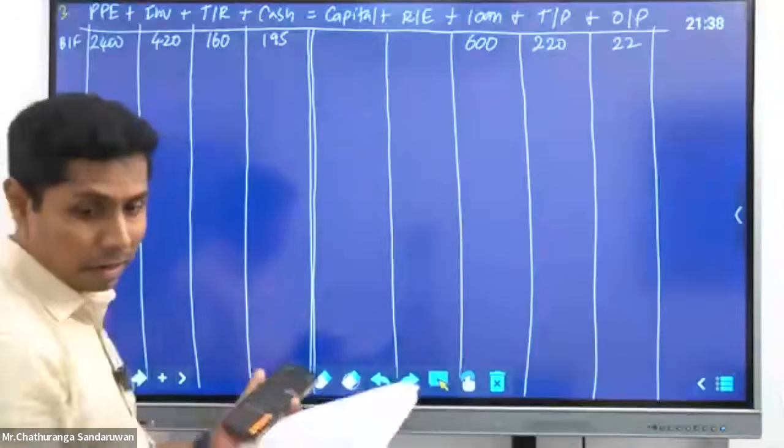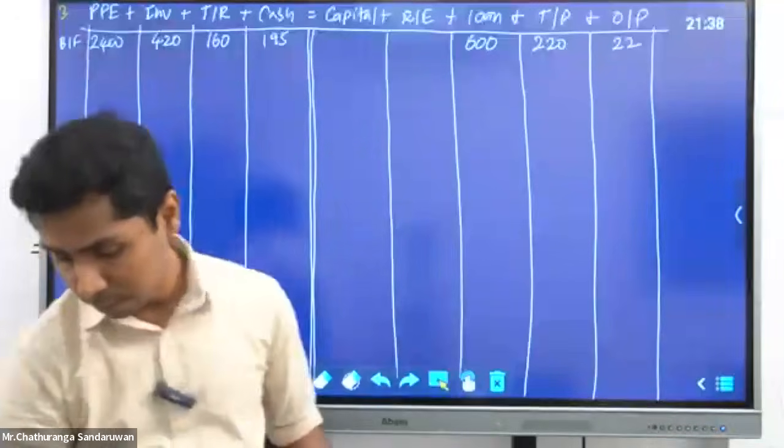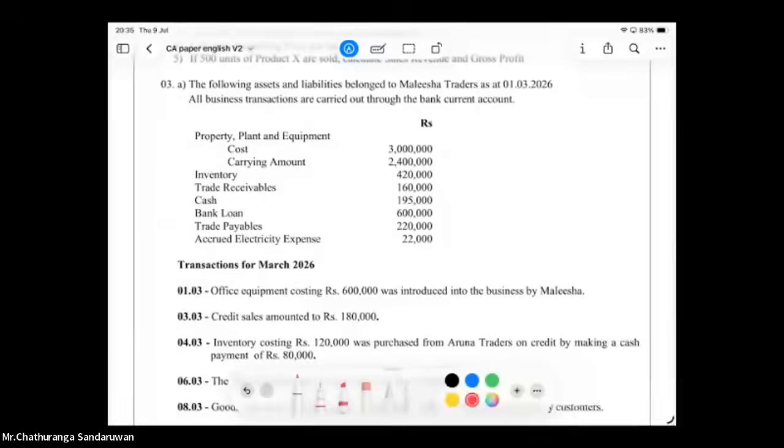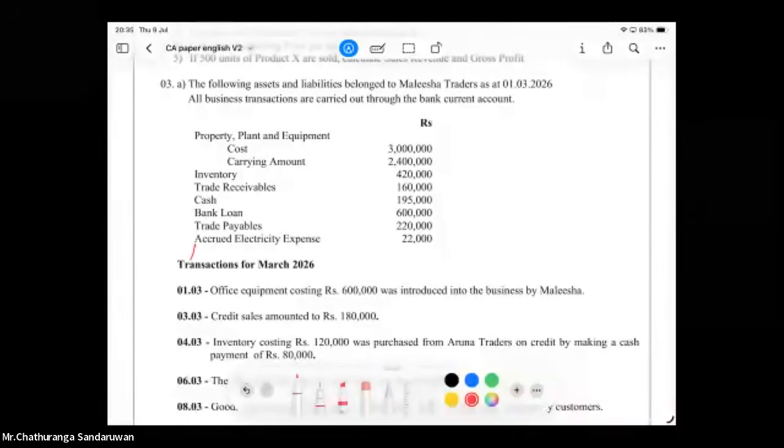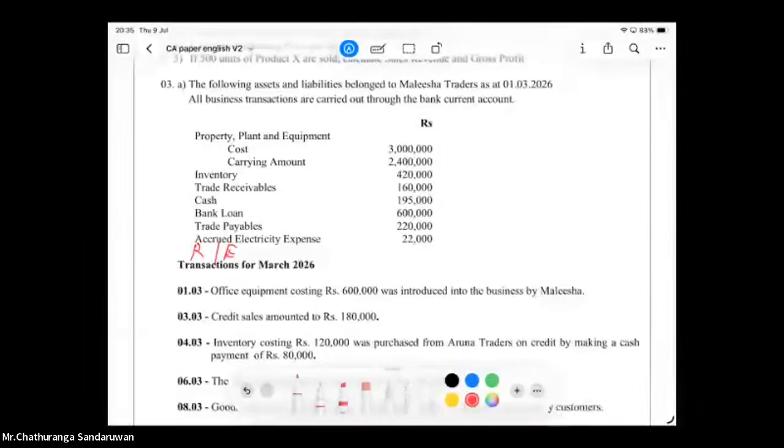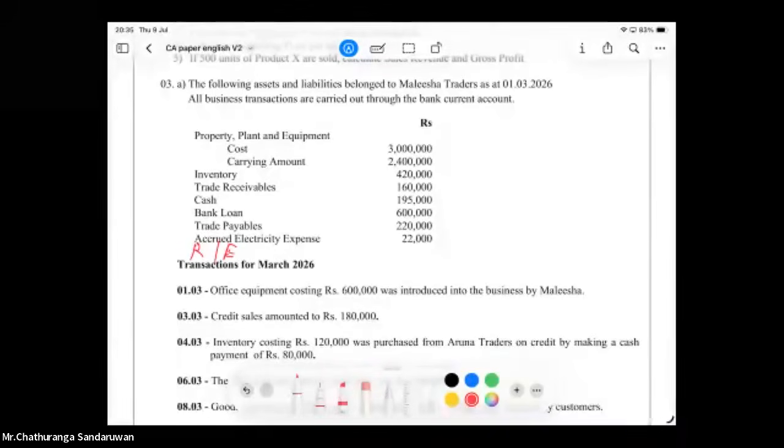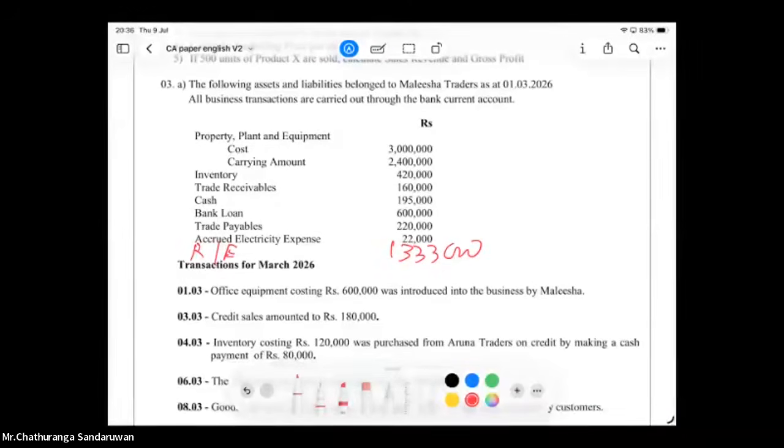Can you write retained earnings in those beginning balances? Let's take 1,333,000. Retained earnings 1,333,000. That should have been given, right? Either balance should have been given. I had missed it.